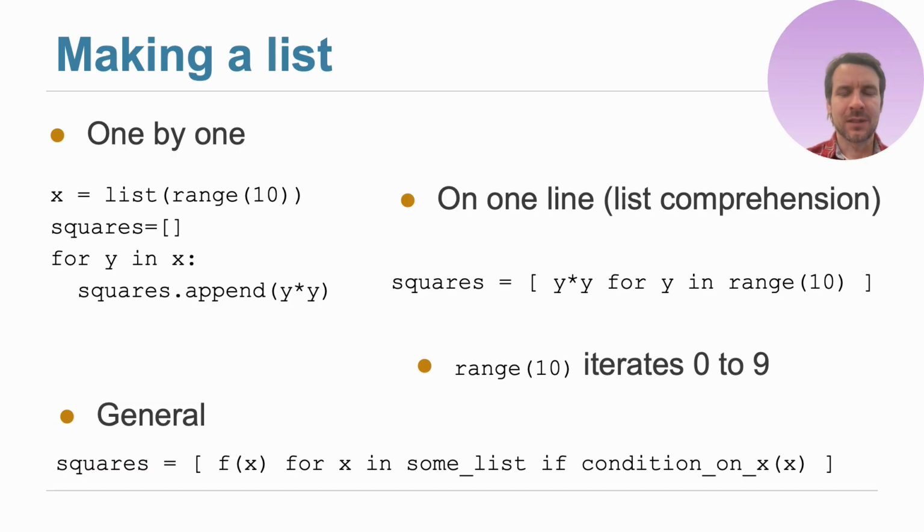Here's a thing that we encountered before, just for a little bit, and that is how to make a list of things. Okay? So here, if you want to make a list of numbers 0, 1, 2, 3, 4, 5, 6, 7, 8, 9, you can use the range function that will create a range from 0 to 9, where 9 is included there, and then you can convert it into a list.